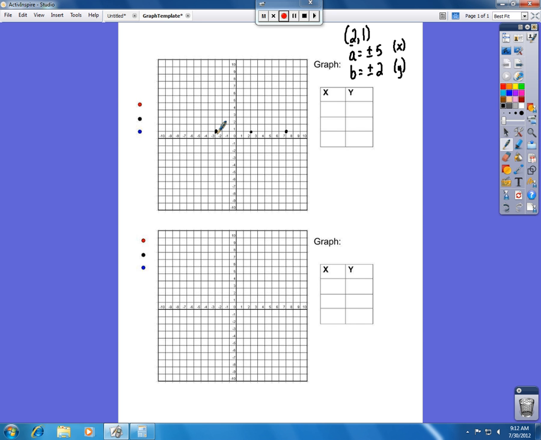And then to look at the minor axis, so again, this 1 is associated with the y terms, so to determine how far it moves up and down, we're going to do 1 plus 2, so I will have a point here, and then 1 minus 2, so I'm going to have a point right here. So therefore my ellipse is a very skinny oval.